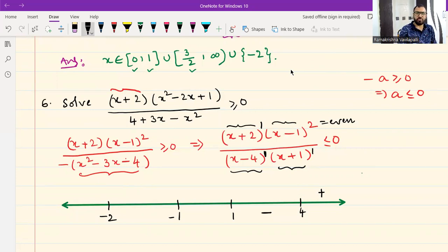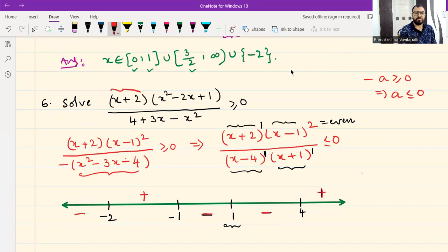At 1, be careful, whole square is there, even power, so there is no sign change. Now at minus 1, odd power is there, so there is a sign change. And at minus 2, odd power is there, so there is a sign change.